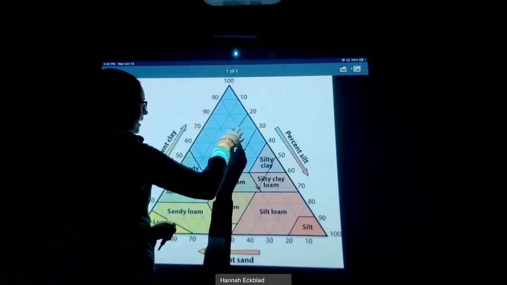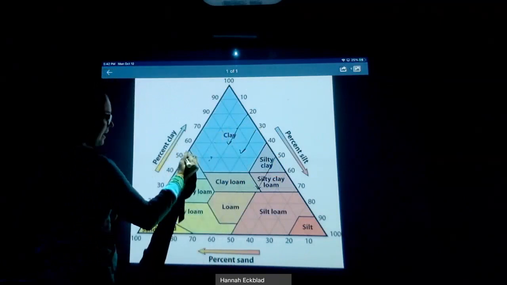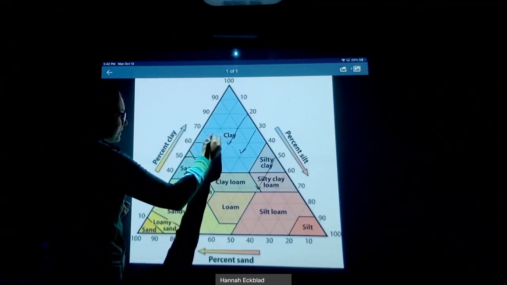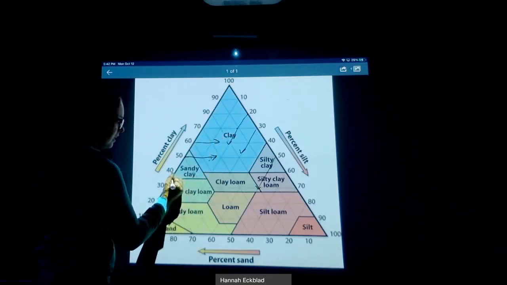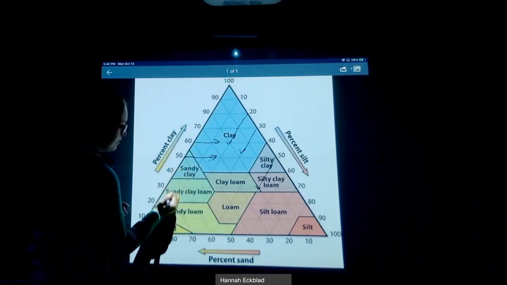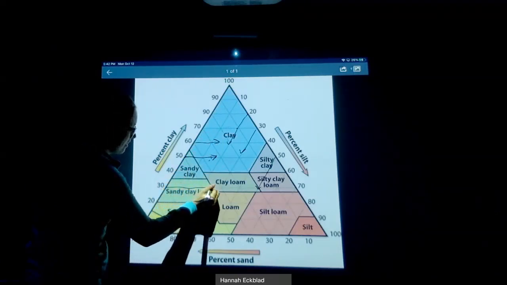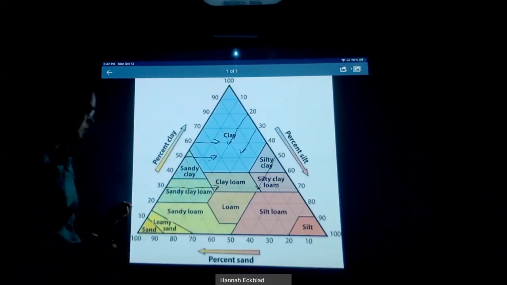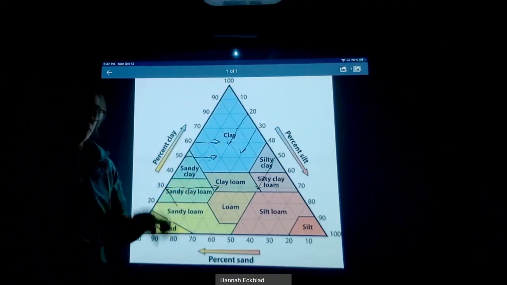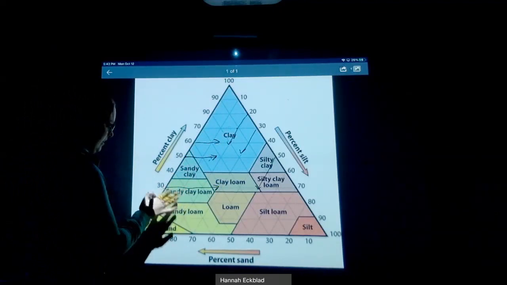So what is that line? That's a clay line. Clay lines all go straight across like that. So clay line, clay line. Well, that's not a full clay line, but it is a clay line. So, what about this line? No, this line is not a clay line.